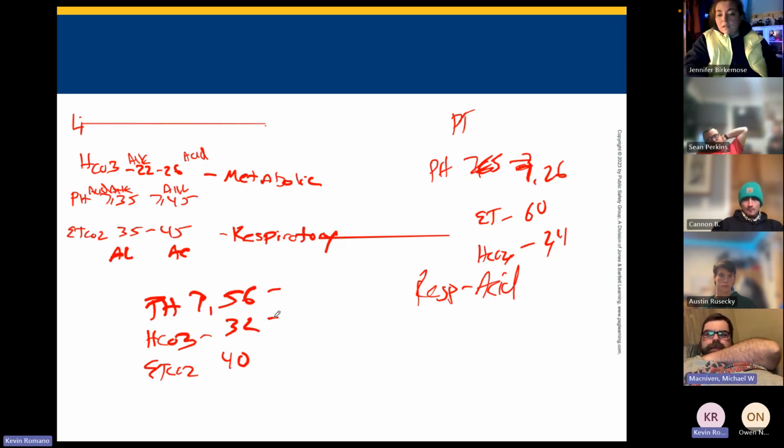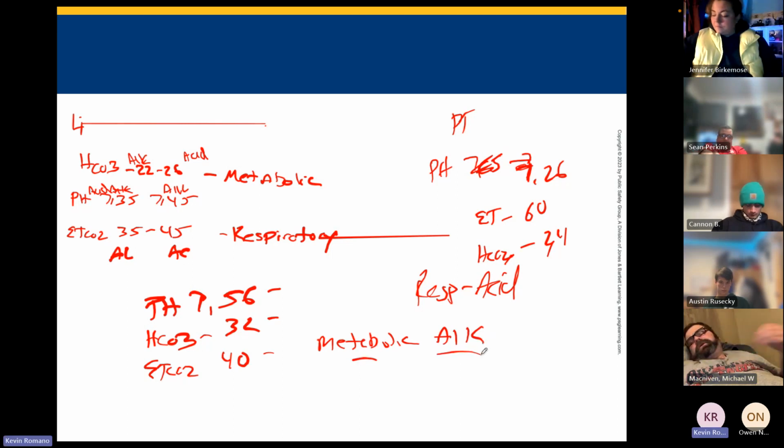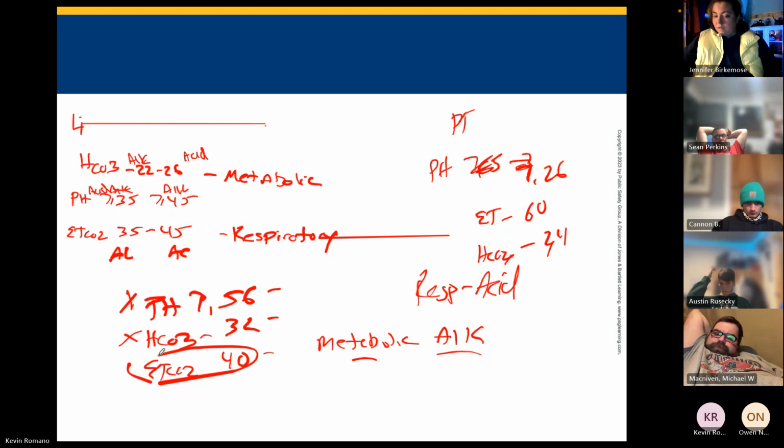High. And the end tidal, normal, high or low? Normal. This would be considered a metabolic alkalosis. Why? Because the bicarb was off and the pH was off and the end tidal was normal. You guys got that?